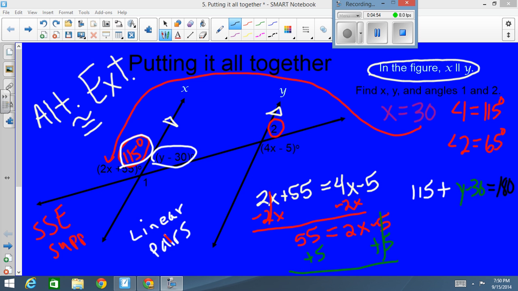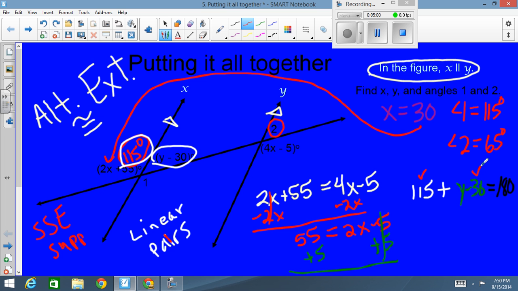So now that we have this set up, let's combine like terms. I have a 115 here and a minus 30 here. So 115 minus 30 is going to leave me with 85 plus y equals 180. I'm going to subtract that 85 from both sides. And I'm left with y equals 95.